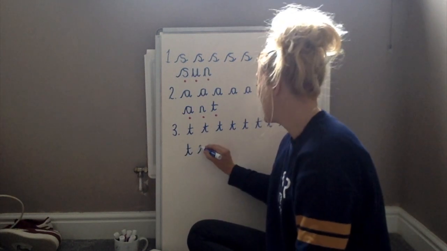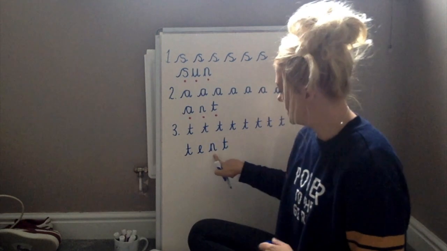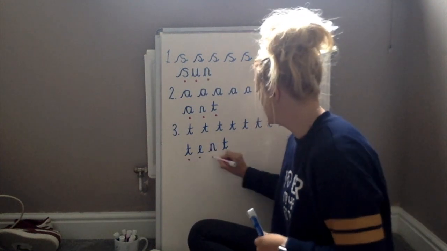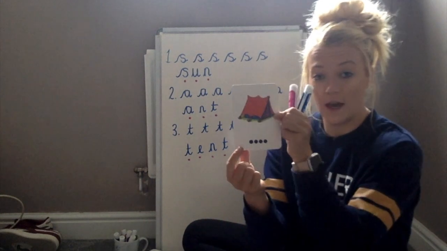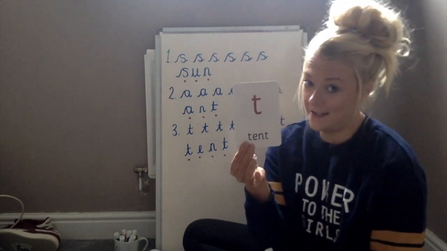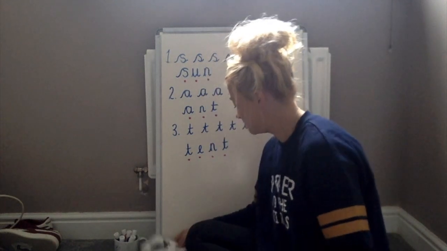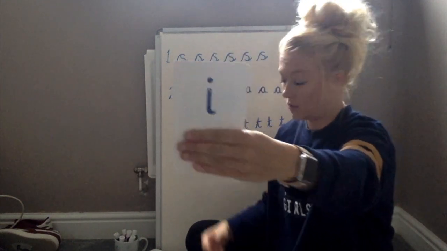T, e, n, t. Tent. So they're my 4 sounds. 1, 2, 3, 4. That's what this card says. T, e, n, t. Tent. Brilliant. Well done.